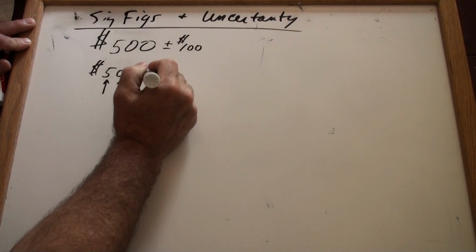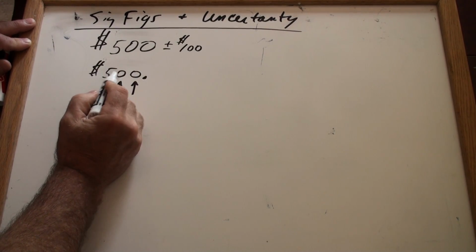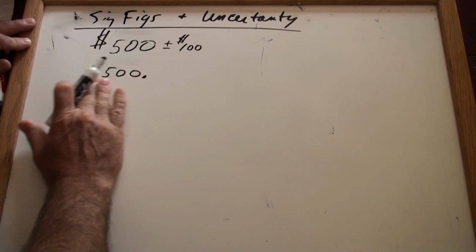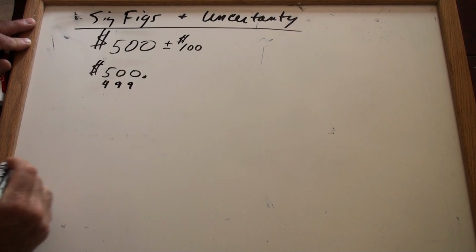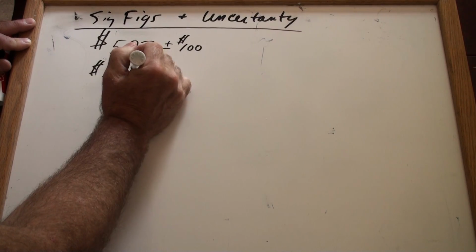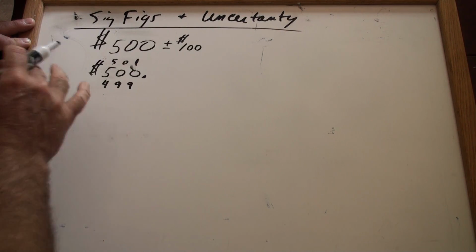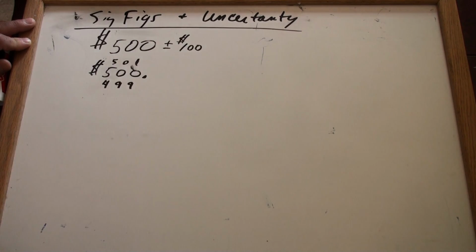So there's a couple ways you can do that. You can put a decimal point there, and now that means that's significant, and I'm guessing. That means instead of 500, if I miscounted, I might have 499 bucks in my pocket or $501 in my pocket, but I'm guessing that there's $500 in my pocket.